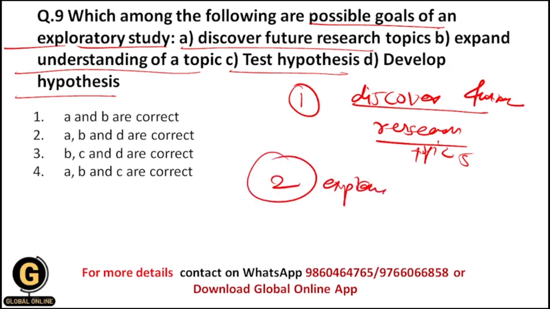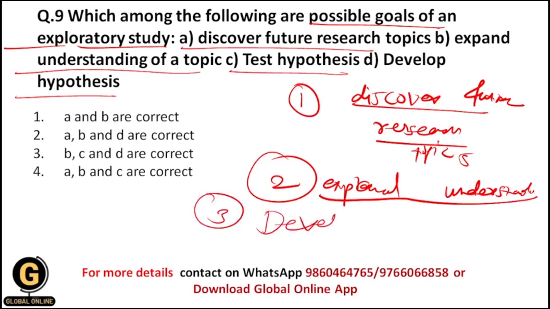Next is expand understanding of a topic. Yes, we can expand the understanding of a topic in the exploratory research study, because we don't have much information about the topic, so we expand understanding by collecting data, so that we can do the next research procedures based upon the exploratory study. The third goal is to develop a hypothesis, as I told you earlier in this video.